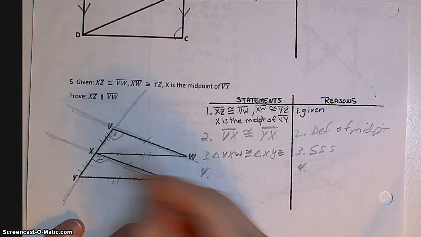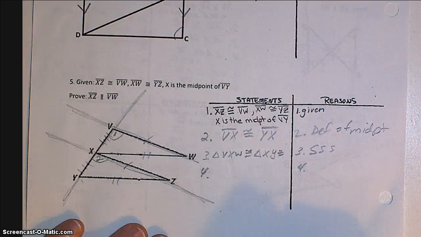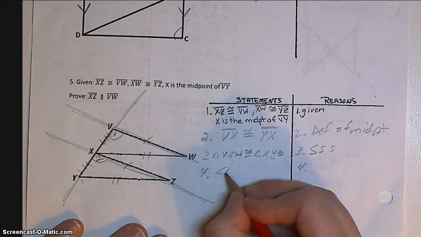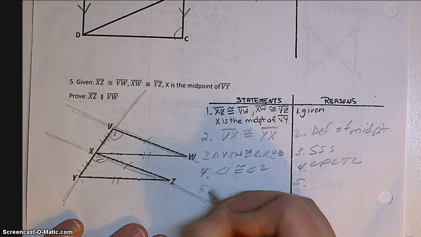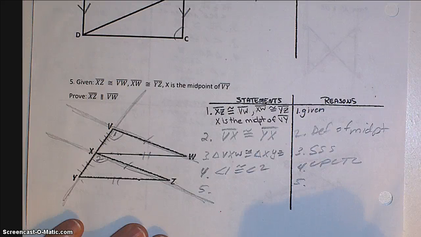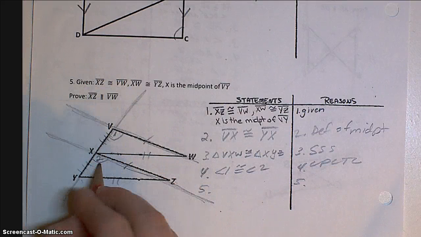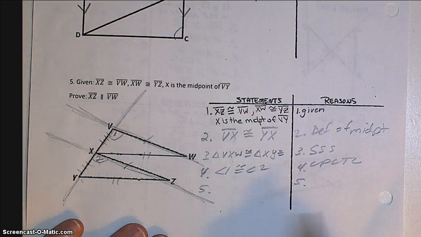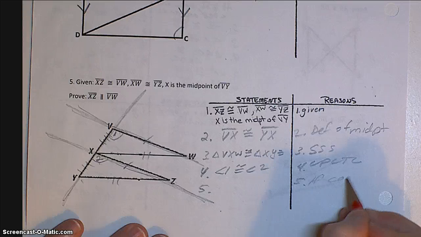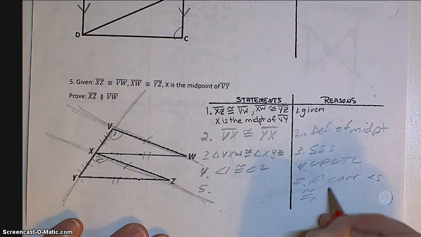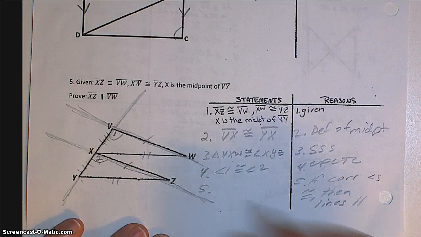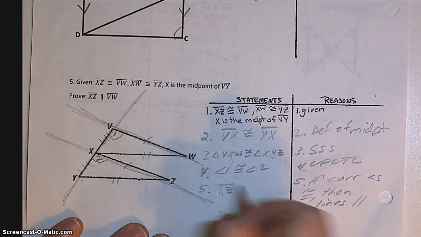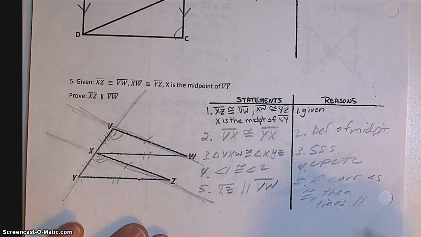So to make it easier, number them for yourself. 1 and 2 have got to be congruent because they're corresponding parts of two congruent triangles. That means these are corresponding angles in the parallel lines. So if corresponding angles are congruent, then lines are parallel. So XZ is parallel to VW. Done.